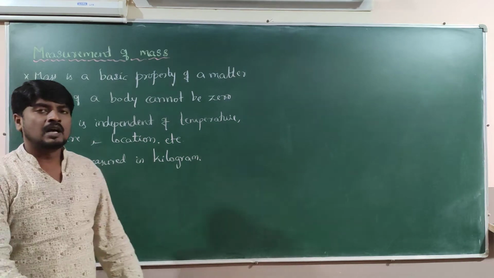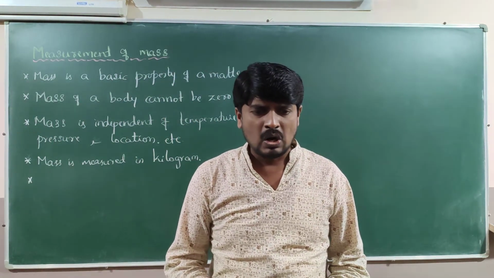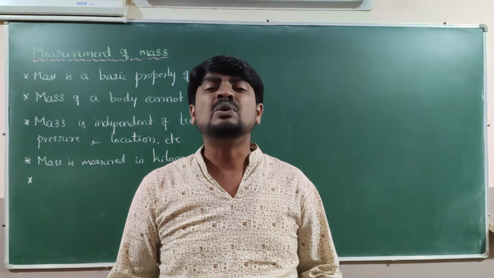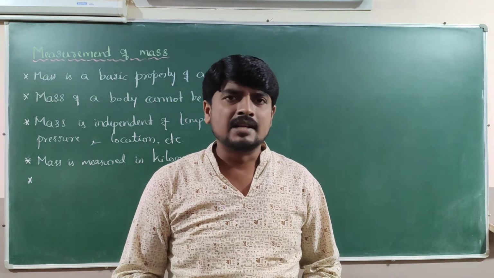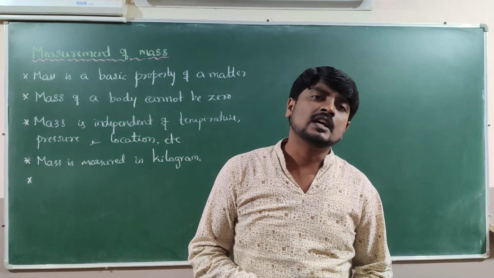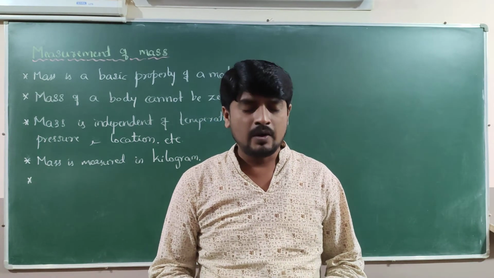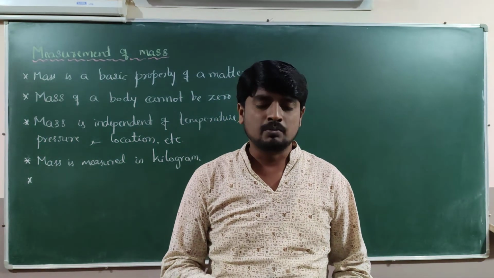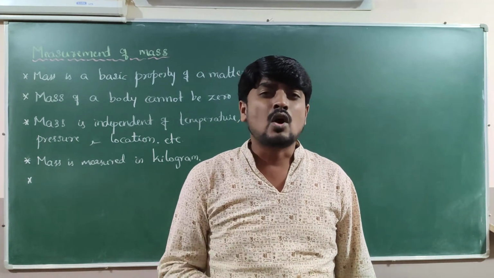Next point: if I want to measure the mass of commonly used bodies, we use our normal balance, what we see in the provision store, or the weighing machines in any mall where you put in 1 rupee, stand on it, and it shows the mass. This is called a common balance.